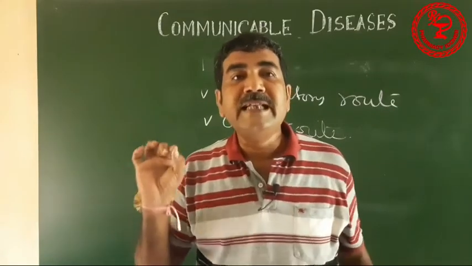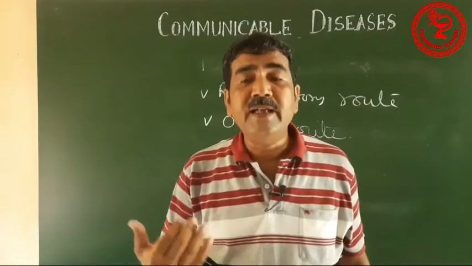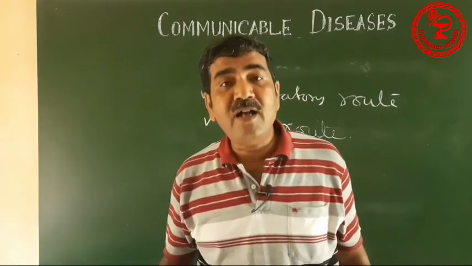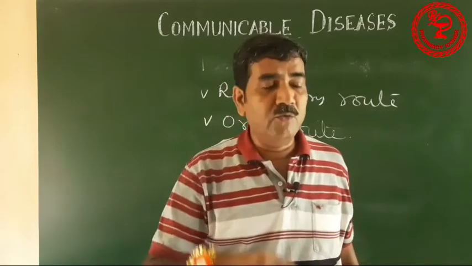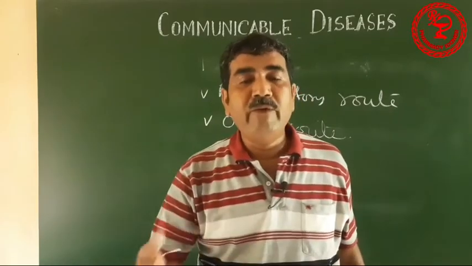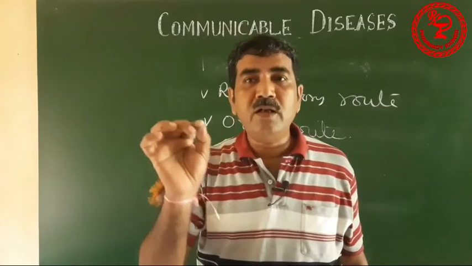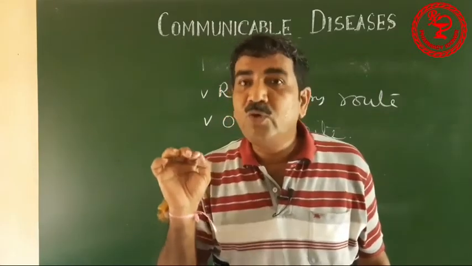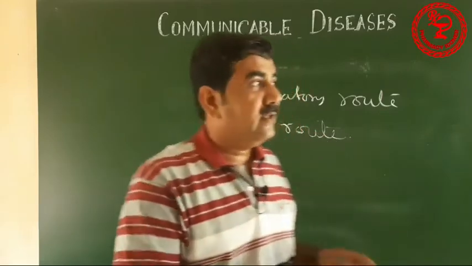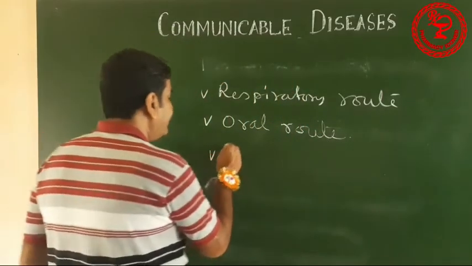But sometimes the skin is broken, especially the skin of our foot, when we walk or play. Some portion of our skin may be partially broken or damaged. Through this route infection can occur.